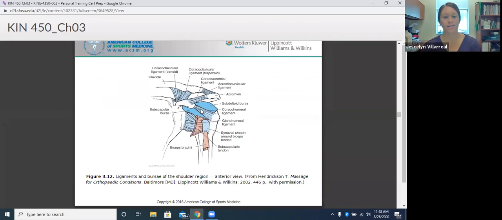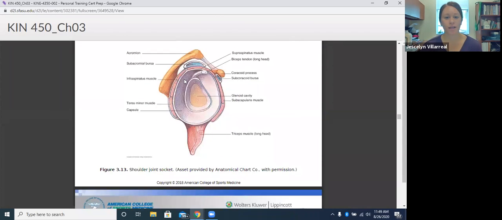Going into ligaments, all of these ligaments attach the bones. You'll see bursa that's also involved. If you look deeper into bursa, this table 3.13 is what a bursa looks like. In the shoulder joint socket, you have bursa, which is fluid that supports the muscle.